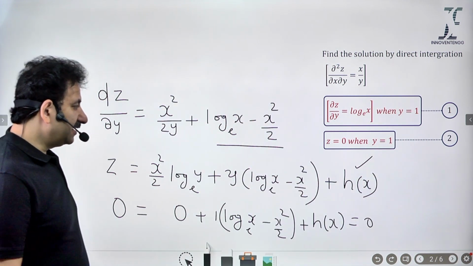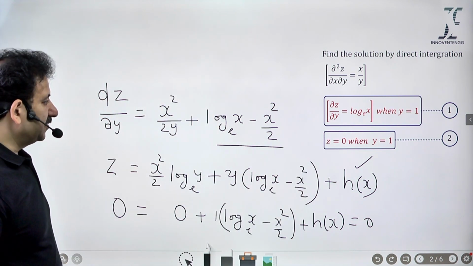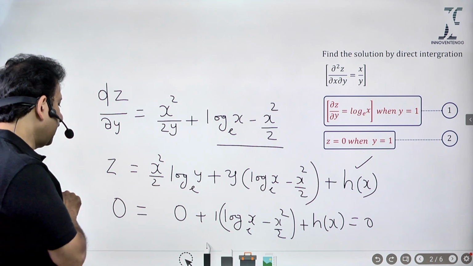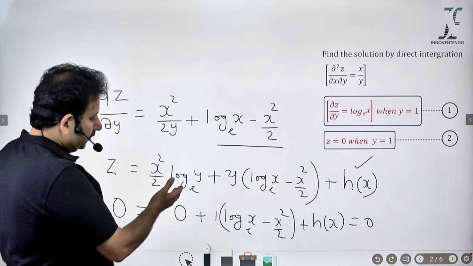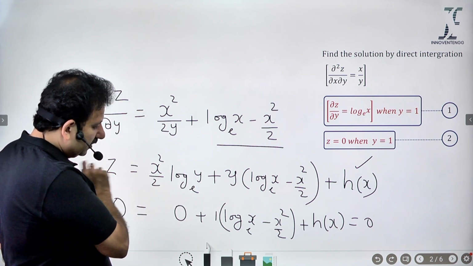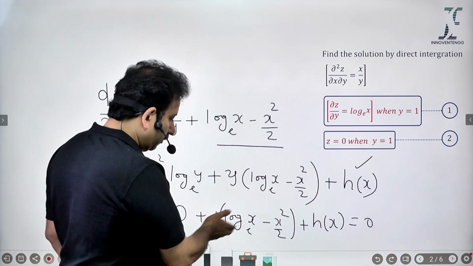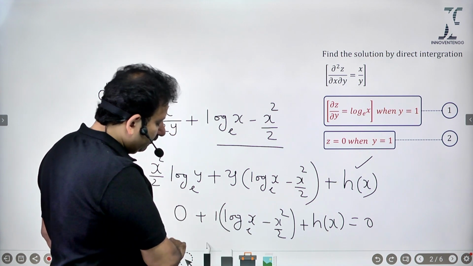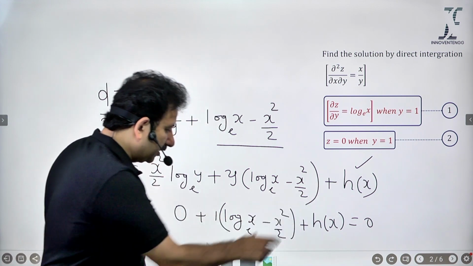Now, it is also given that z becomes 0 when y is equal to 1, right? Z becomes 0 when y is equal to 1. So therefore, what happens? I put z is equal to 0 and put y is equal to 1. And you note here that the moment I say y is equal to 1, log 1 becomes 0 and y becomes 1, and h of x plus this function equal to 0.